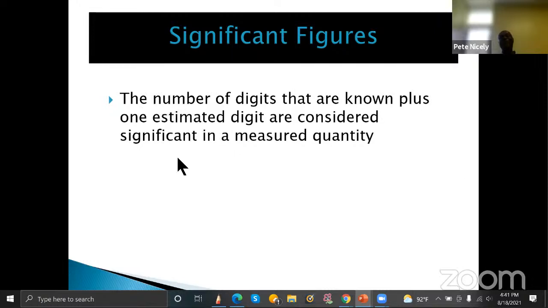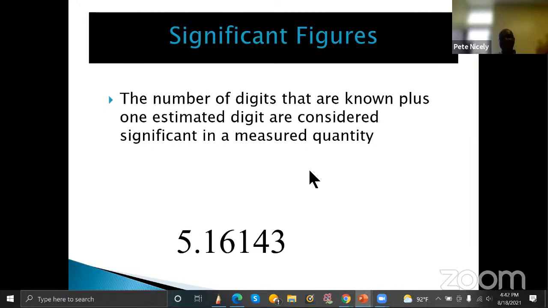It is the number of digits that are known in a measured value that you're certain of, plus one estimated digit that you're not certain of, and therefore that's why it's an estimated digit, all right? So basically the total number of significant digits would be all the known digits that you're certain of, plus one estimated digit.